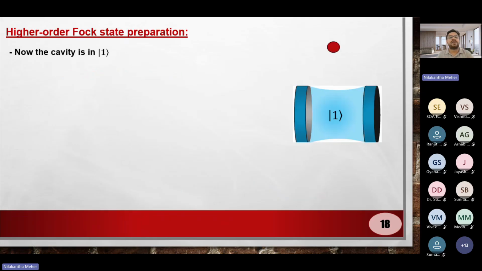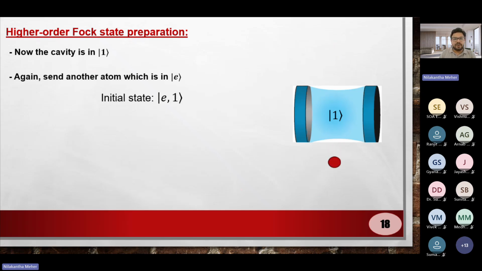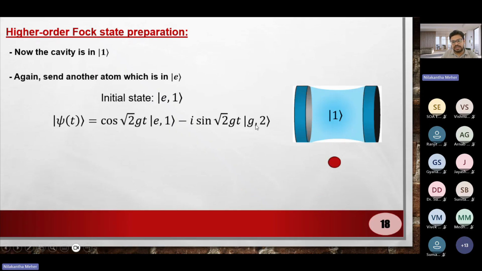Now, to prepare higher order Fock states, we can send another atom. Initially the cavity already has one photon prepared. Once again we send the atom in the excited state E. Similarly, the initial state is E1, because the atom is in the excited state and we have already prepared the one photon Fock state. Now this state evolves, and you can see it connects to G2, that is, the atom can go to the ground state and give one photon to the cavity, so that becomes two photons.